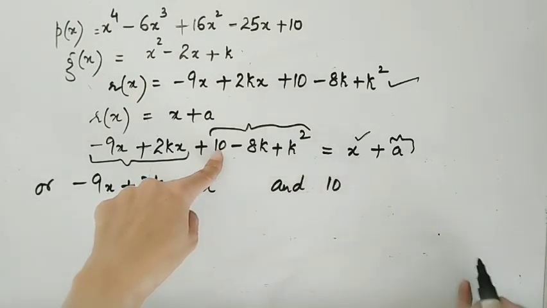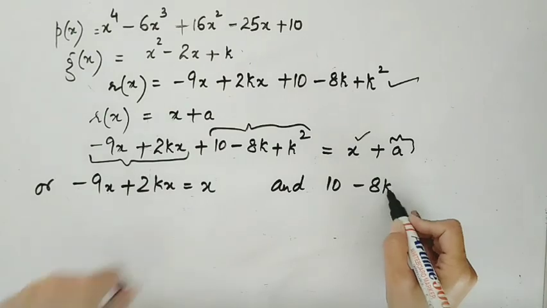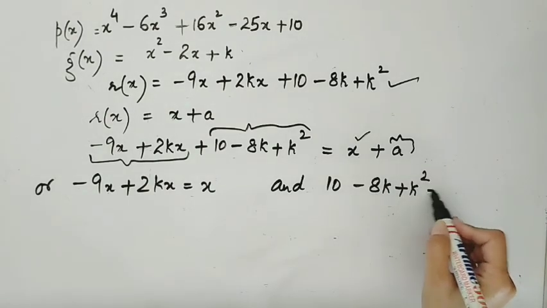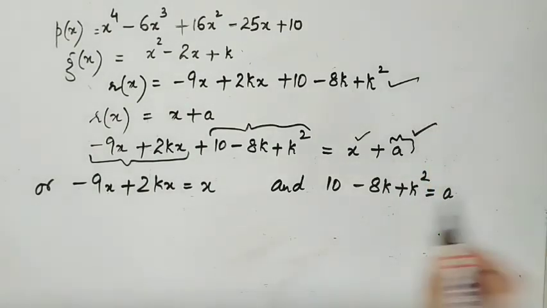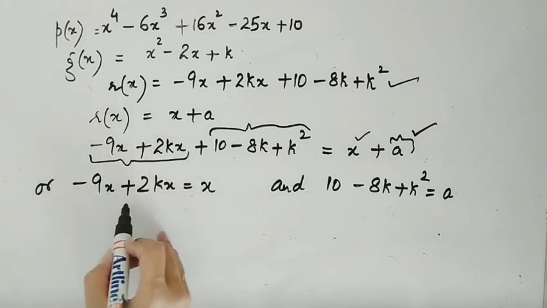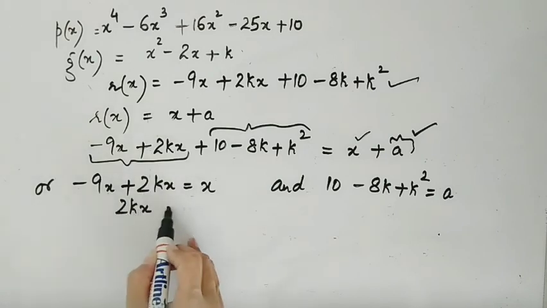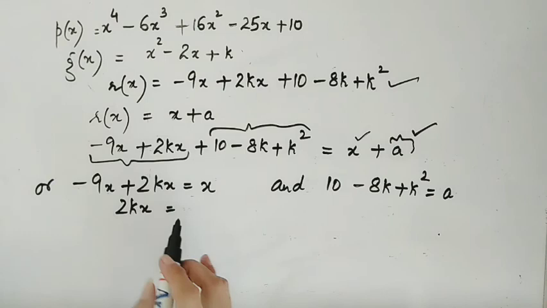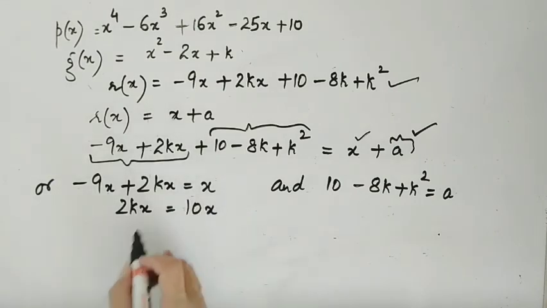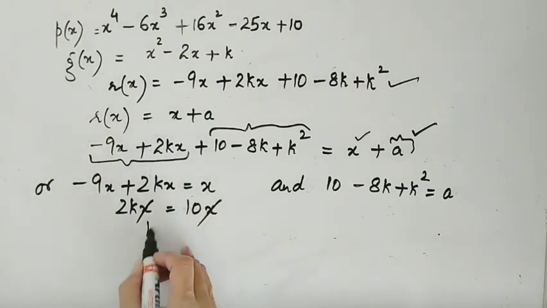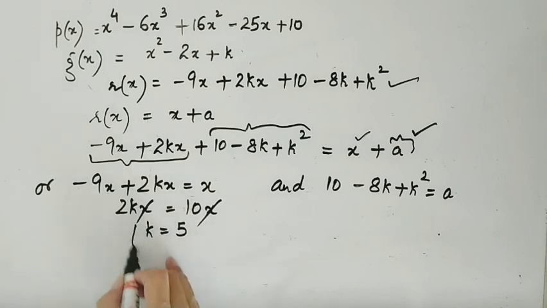Constants are 10 minus 8k plus k square. This must be equal to a. Let's solve for x. This would be 2kx and this is x. 9x goes to the other end, this becomes 10x, and k would be 5.